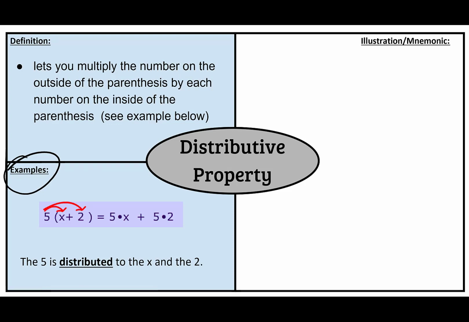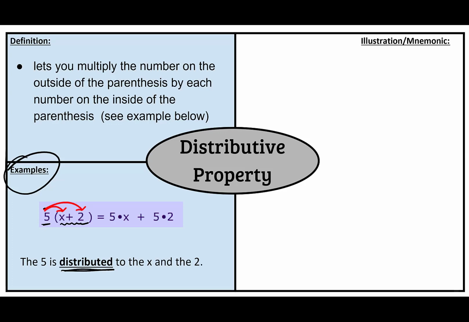What we have is the number 5, which lies outside of the parentheses in which we see a variable x plus 2. These red arrows show us that the 5 is distributed to both the x and the 2.